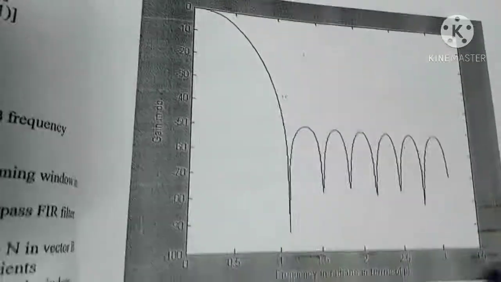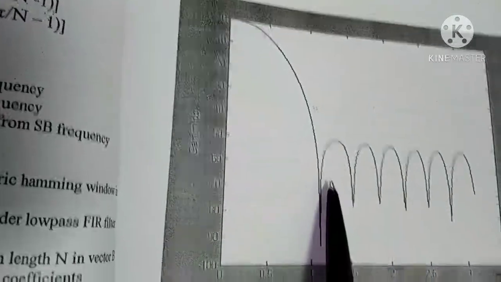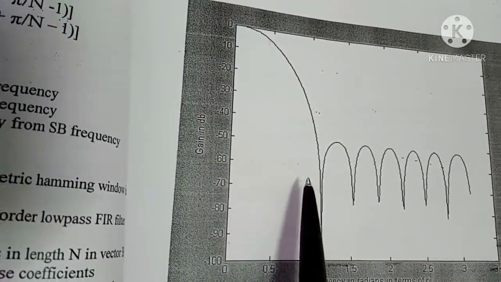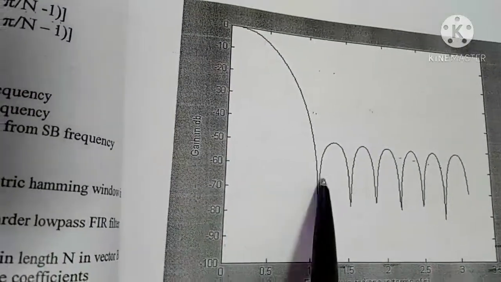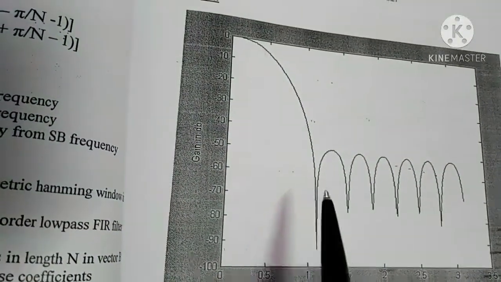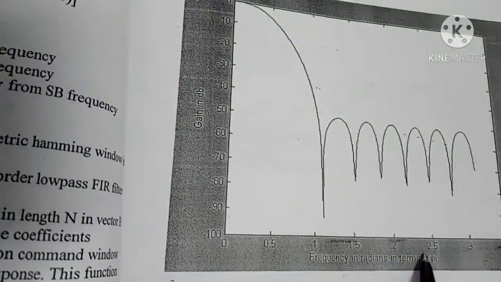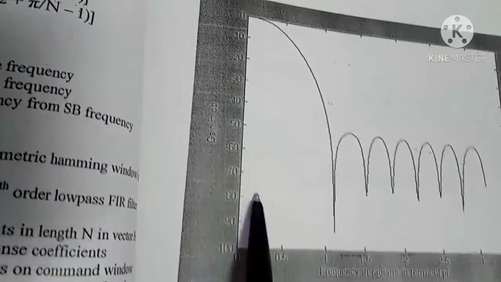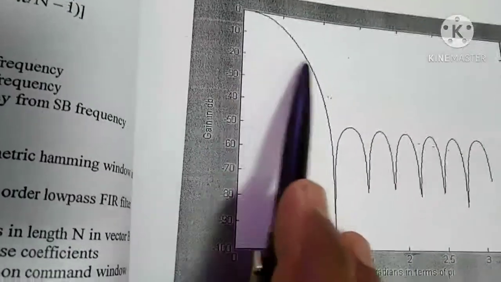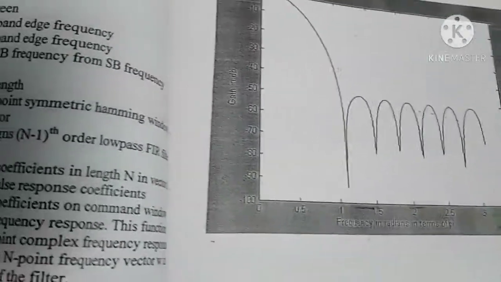If I take the response, we may see that it is up to 10 to the power of minus 6 approximately. With a value of 10 to the power of minus 6 it is multiplying for frequencies greater than our required frequency, and it is multiplying by 1 for the frequencies that are required.